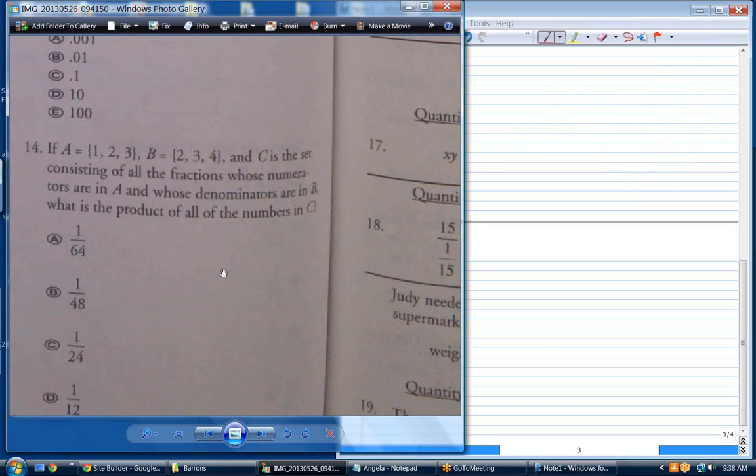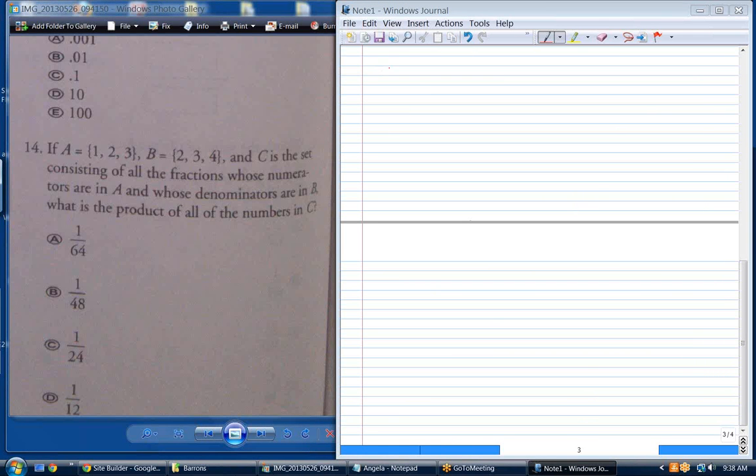Let's see, this is another one that my camera missed the last. 1/2 is E. So here, let me.